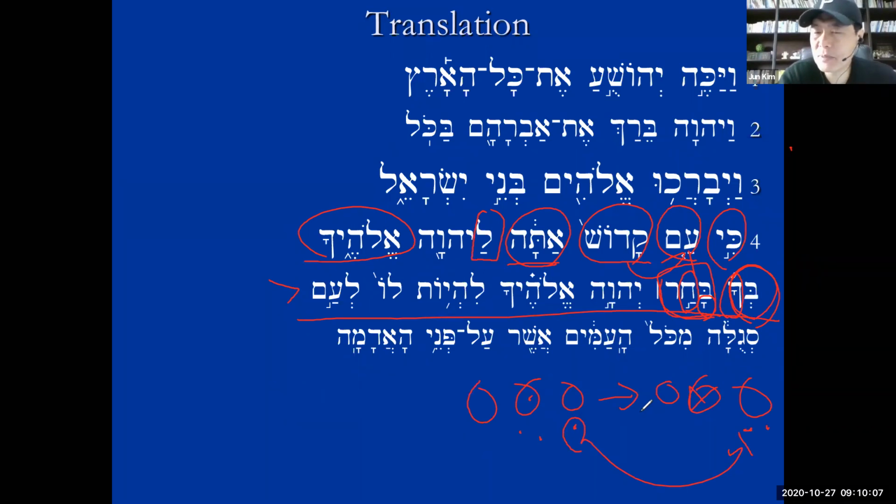Then the second possibility, maybe it can be even imperative form as we just discussed, right? So this one should be either imperative form, or it can be even Kal affix form, because Kal affix strong takes kamets and pata.